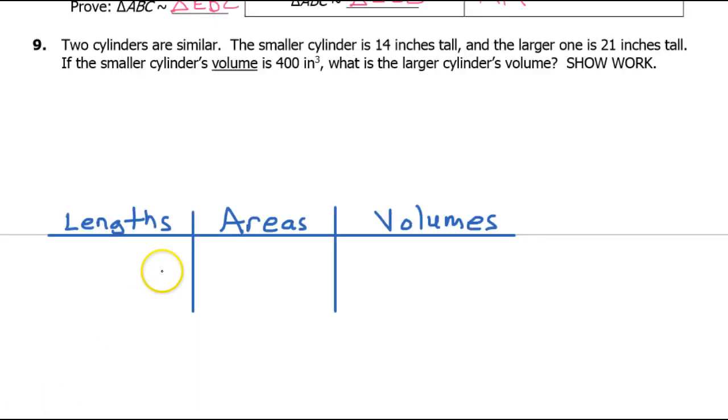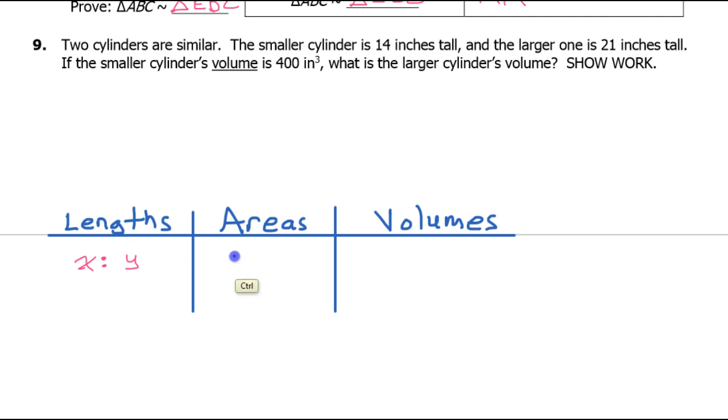Now for this last problem, in order to solve this problem, I need you to understand how the ratios of lengths, areas, and volumes compare when you're dealing with similar figures. So imagine that you have lengths that are in the ratio of x to y.